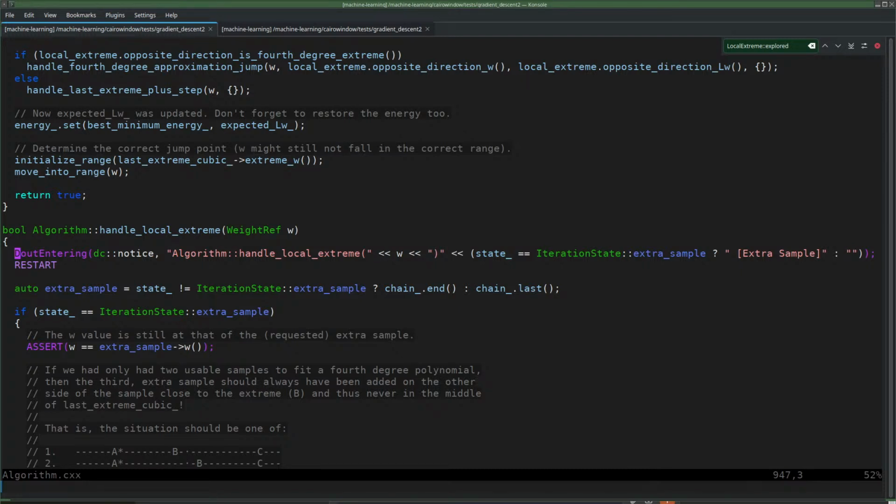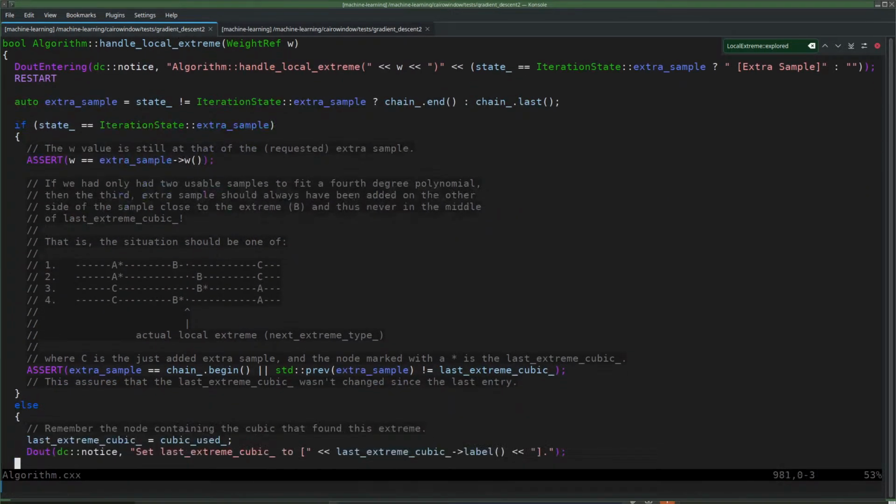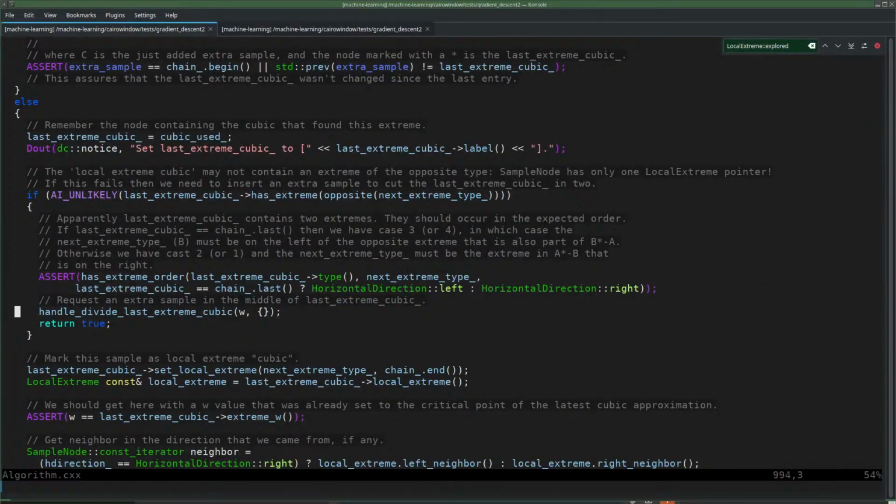So we enter here and then the state is not extra sample. It does not have an opposite extreme.